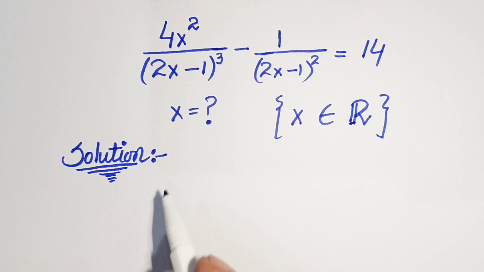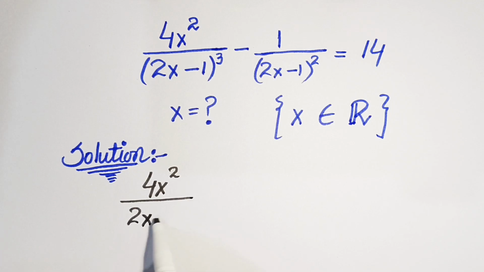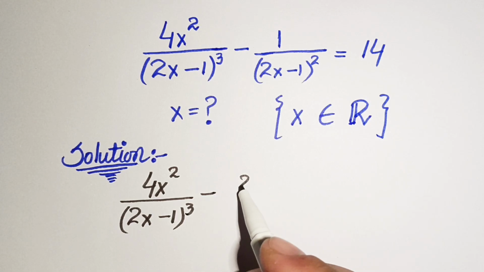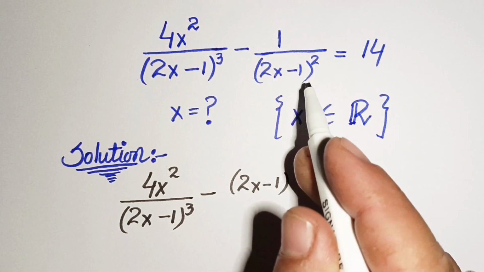First of all, here we have 4x squared all over (2x minus 1) whole cubed, and now we multiply and divide by 2x minus 1 with the second term.